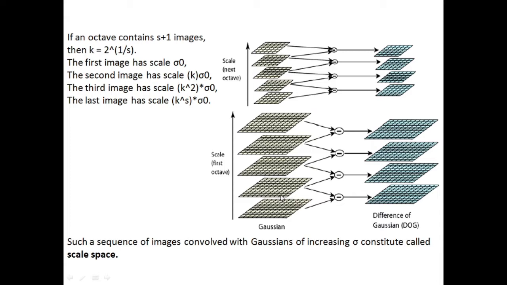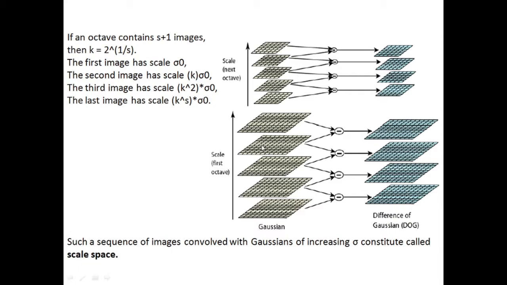This is about my first octave. In the second octave, the sigma value increases to 2 sigma, and in the third octave the sigma value increases still further. So in scale space we can find the octaves, and for each octave there will be a set of scales of images.